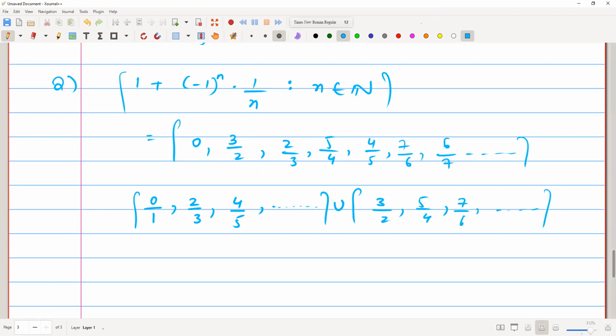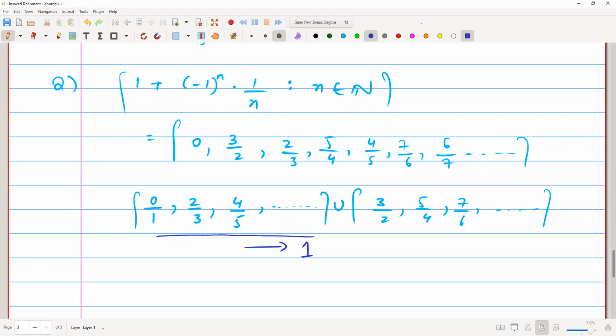If we look at this set here, we can see that the numbers 2/3, 4/5, then 6/7, like that, are increasing in the manner that they will reach 1, right?